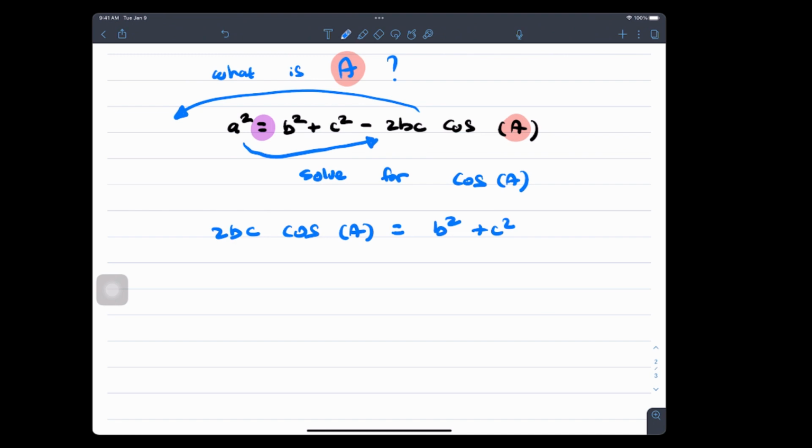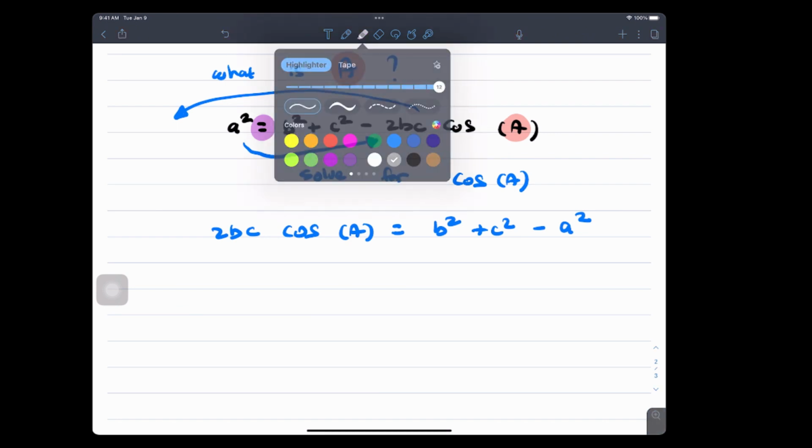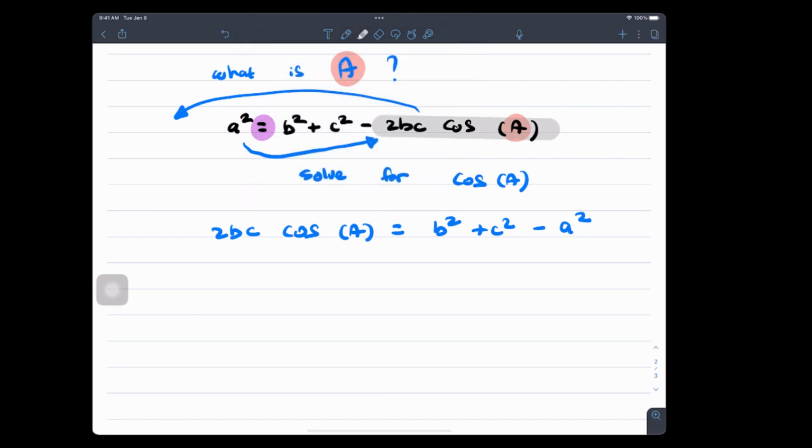So if I move a term, you say, what terms did I move? I moved this term. I want to get a highlighter in gray. I moved this term over here. I moved the term on the right to the left. What happened to the sign? It changes. It's opposite.